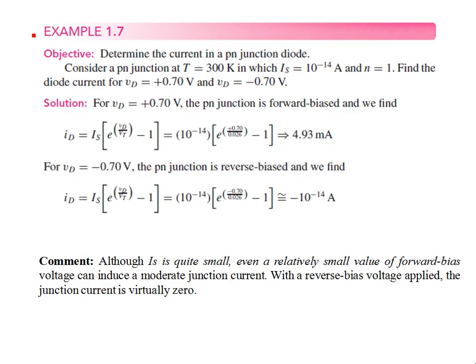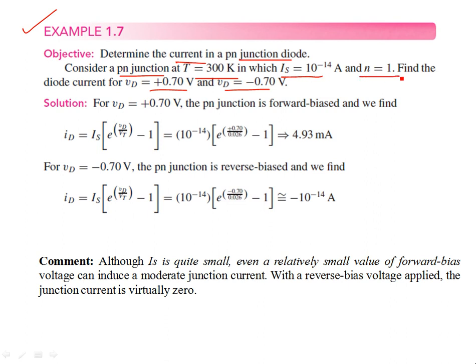This example shows the amount of current the PN junction diode is going to handle for two different values of VD in forward and reverse bias. Consider a silicon PN junction at room temperature, with saturation current given as 10 to the minus 14 amps.